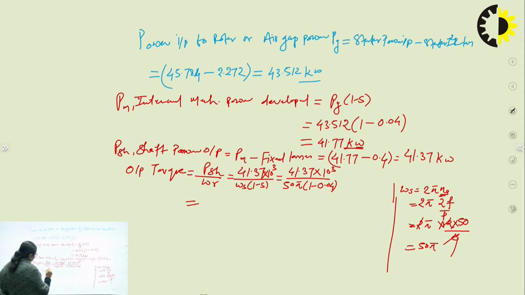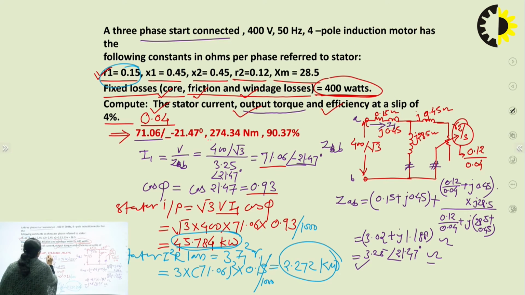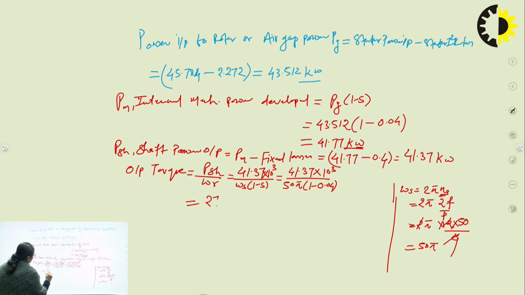So solving this, you will get PSH upon omega R, and the value of the output torque is 274.34. This much Newton meter.